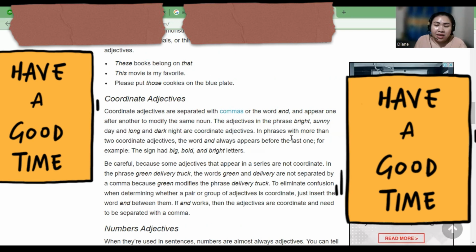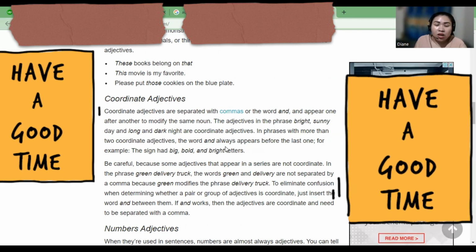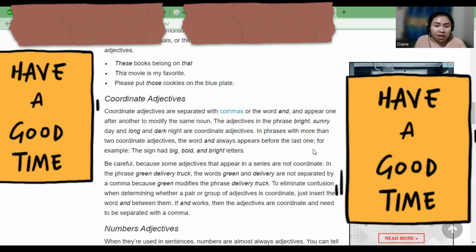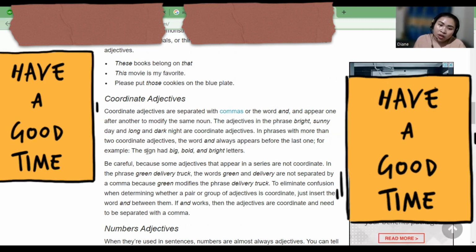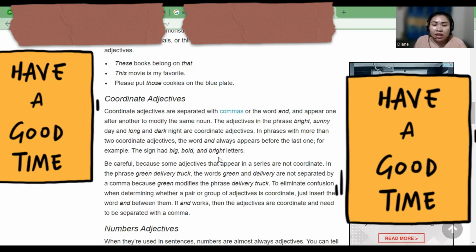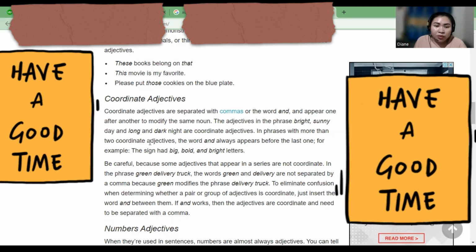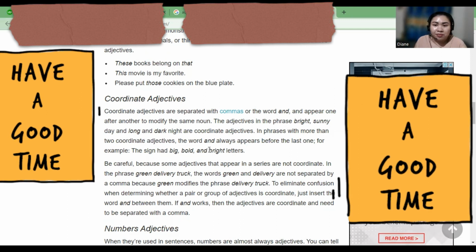In phrases with more than two coordinate adjectives, the word and always appears before the last one. For example, the sign had big, bold, and bright letters. This is also an example of coordinate adjectives that use commas and and.